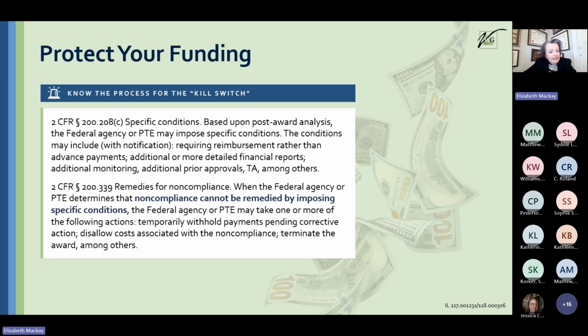Requiring additional or more detailed financial reports. I would say additional documentation also as proof of payment is due. Additional monitoring, additional prior approvals, and technical assistance. And to give you an example, when I worked in New Jersey, we worked in the Sandy Recovery Division with over $4 billion in HUD funding. And we did well. We were very careful about our compliance with our requirements. So we had one monitoring a year. Well, during the course of this grant, we had a gubernatorial election.